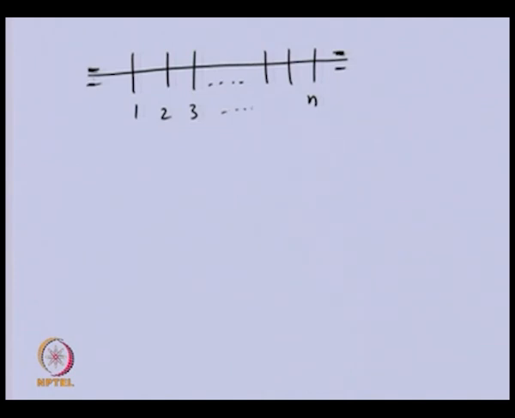Various stations we can assign. So, let us say this is station 0, this is station 1, station 2, station 3, and so on. This is station n, and this is station n plus 1. So, these are the various stations where we will try to relate the field variables.